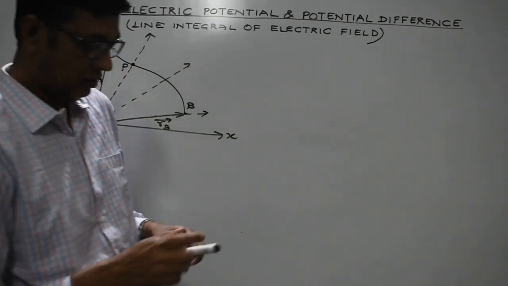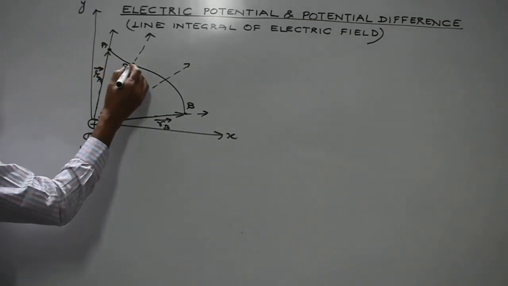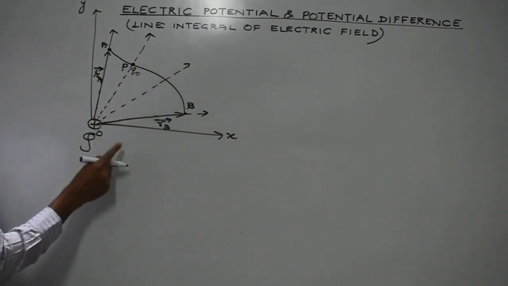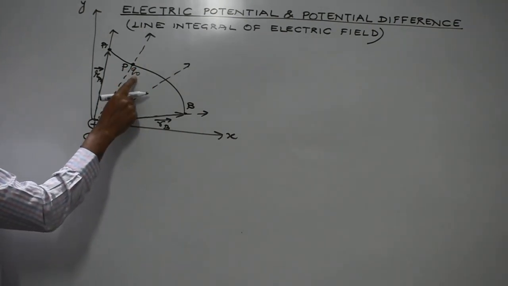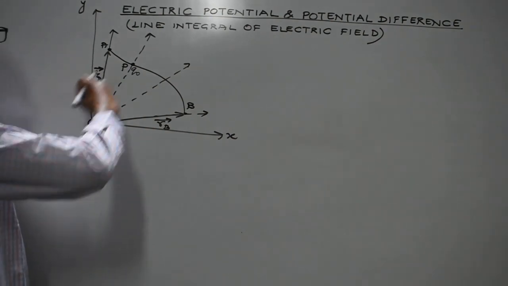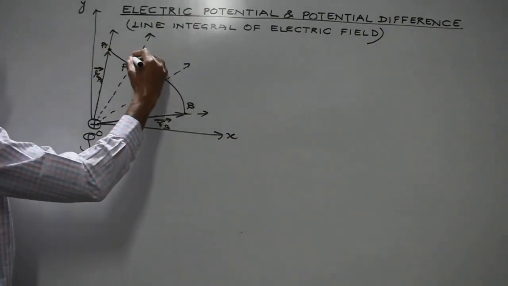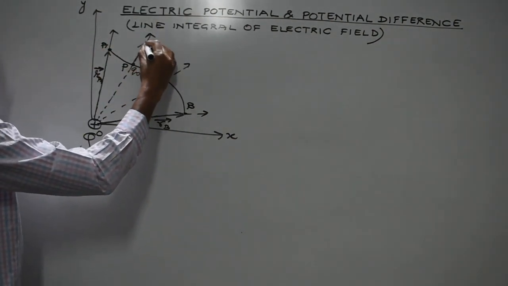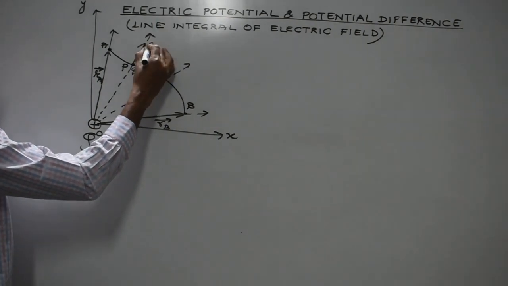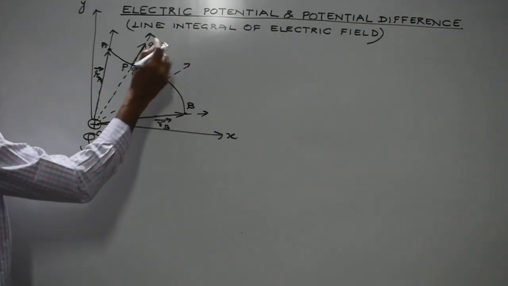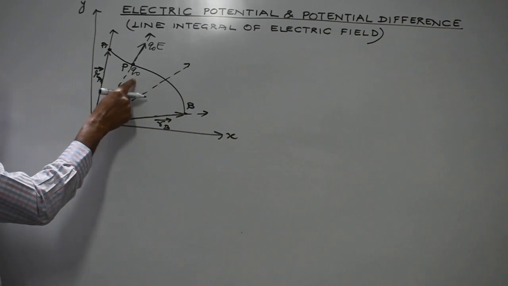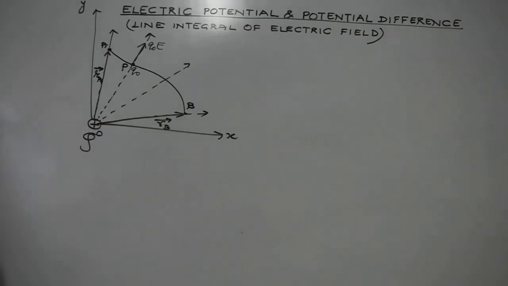Now, in case I place a point test charge over here, then definitely this test charge will experience an electric force of repulsion due to this source charge. So, it will experience a force along this direction. This would be q0 E. This is the force experienced by this test charge under the influence of the electric field due to this source charge, right?